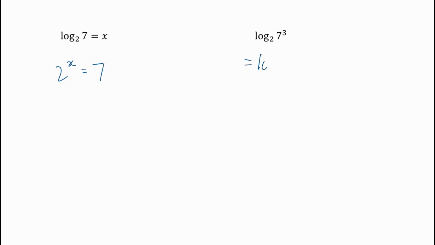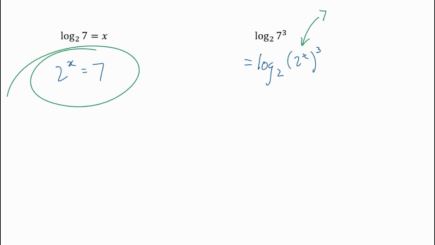This equals log base 2 of (2 to the x), all cubed. Because all I've done is realize that based on this statement on this side, 2 to the x is equal to 7. So instead of the 7 in here, I wrote 2 to the x. Is that fair?